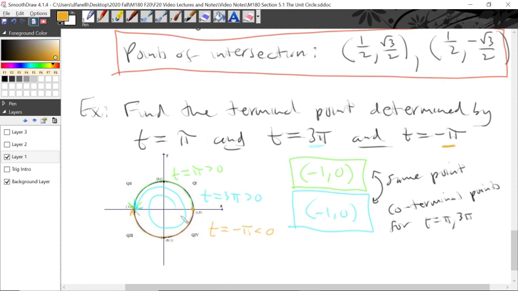And that would put us halfway through the circle, at the point with the coordinates (-1, 0). So we get the same point again. So it's coterminal for t equals pi, 3 pi, and negative pi. In fact, there's an infinite amount of values of t that could be chosen which would terminate at the point with coordinates (-1, 0). So those are coterminal.